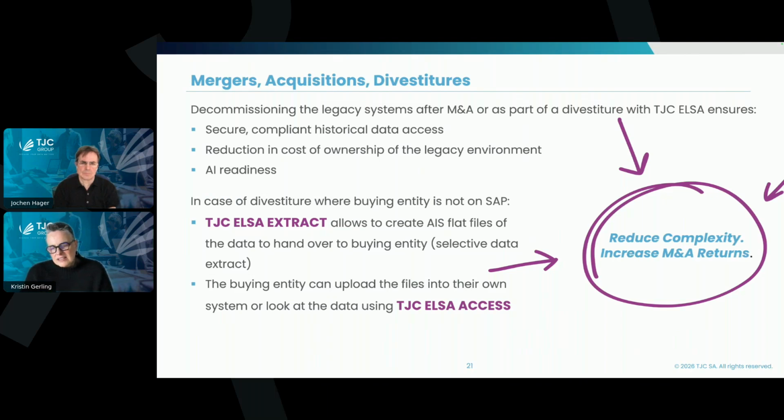A decision is made that these systems need to be consolidated into one, and what happens to the one that is left over? Good housekeeping means decommissioning that system so that you are protected against data breach, but you have accessibility of this data, the historic data as well. And therefore, we would recommend in these cases to also decommission.